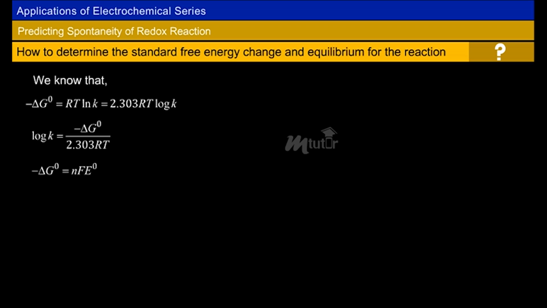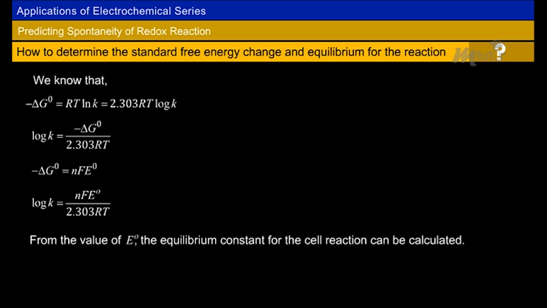Minus delta G naught is equal to nFE naught. The above formula is changed as log K is equal to nFE naught divided by 2.303 RT. From the value of E naught, the equilibrium constant for the cell reaction can be calculated.